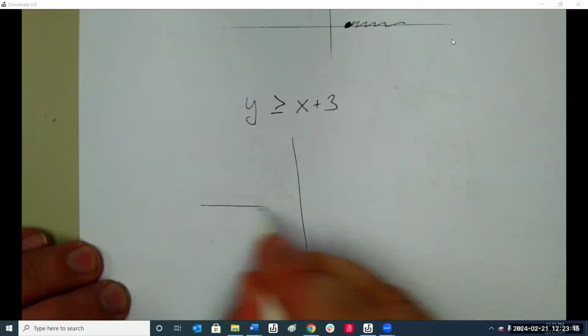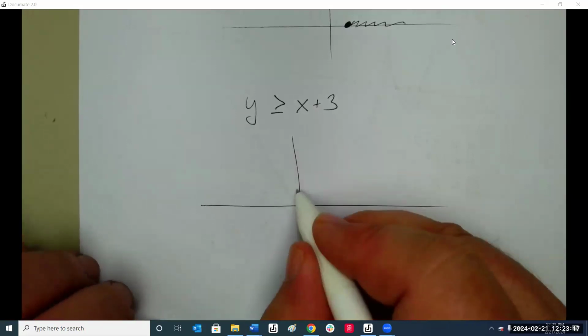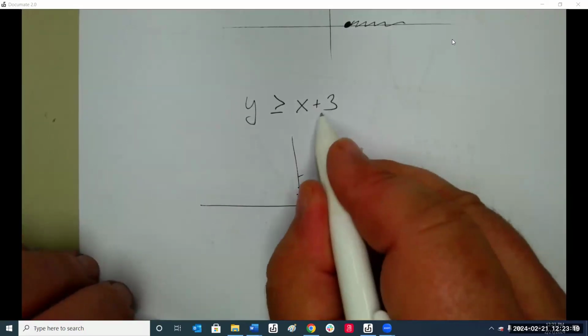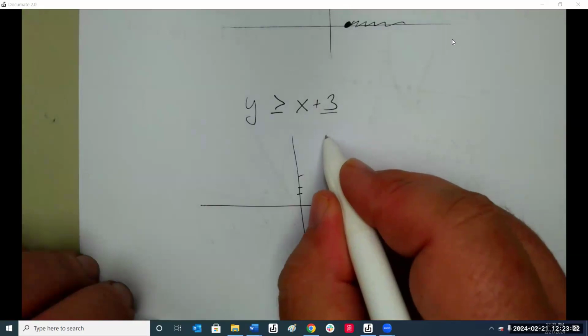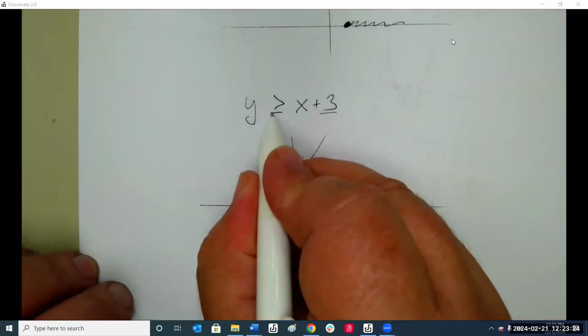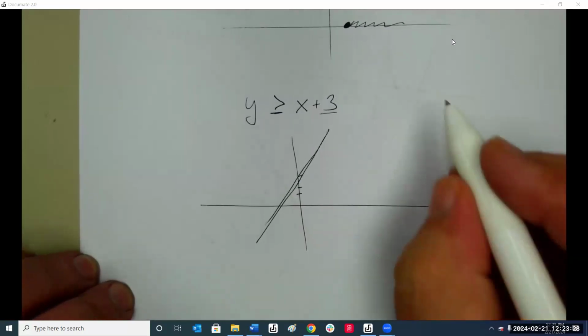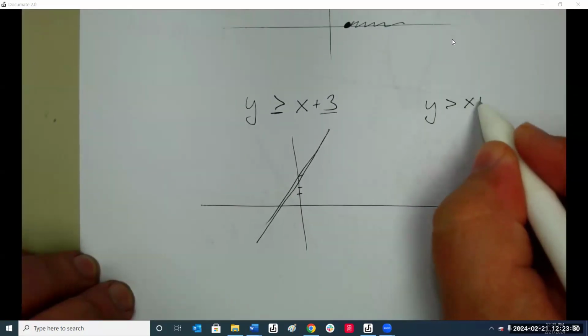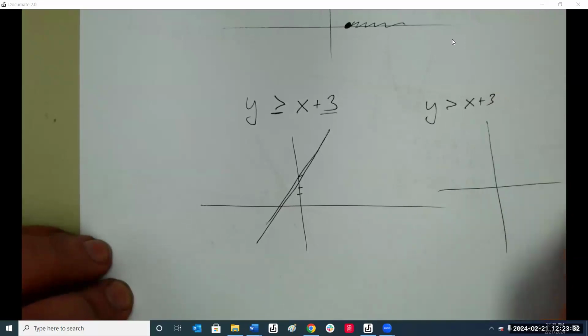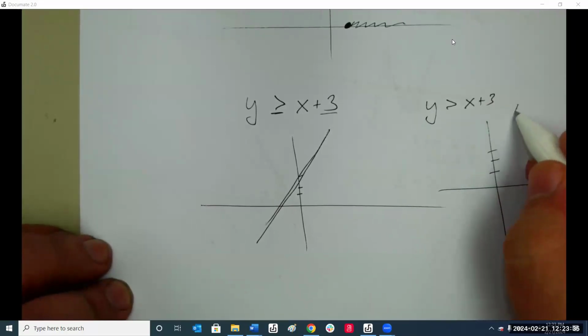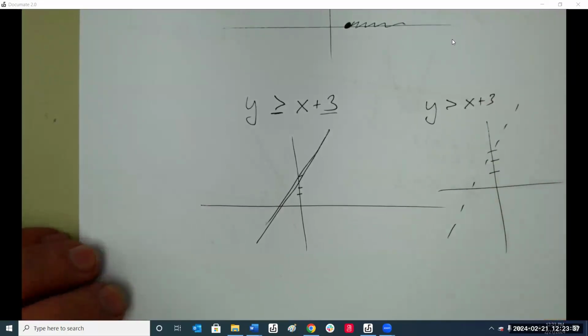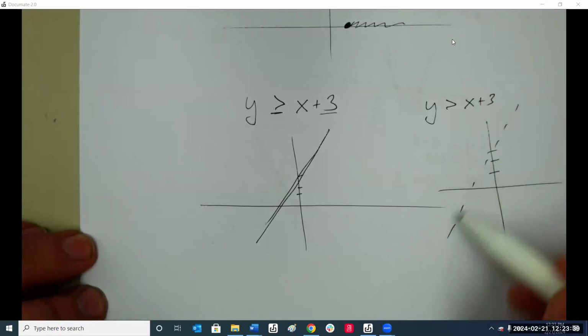This is a linear equation. So its y-intercept is 3, and then the slope is 1 over 1. Since it's an equal to, it's a solid line. If it was like this, then it would be a broken line, because we cannot use the points on that line.